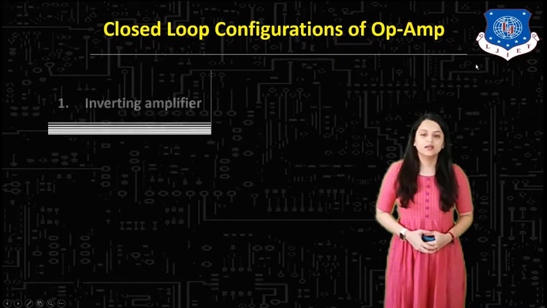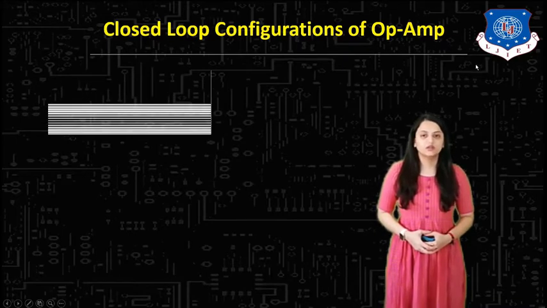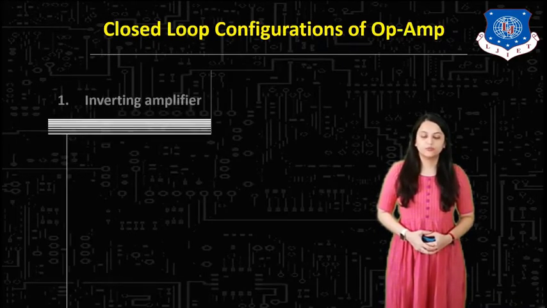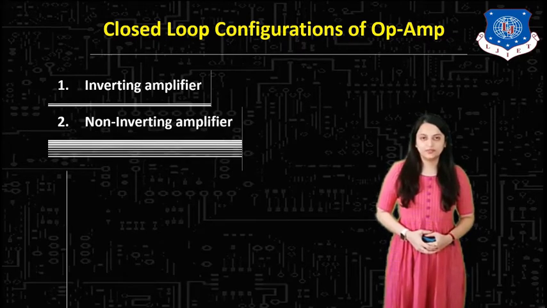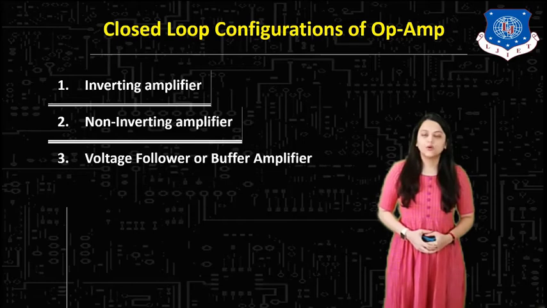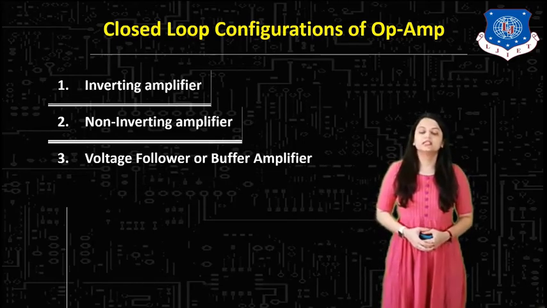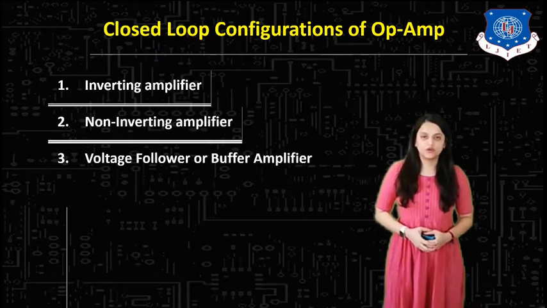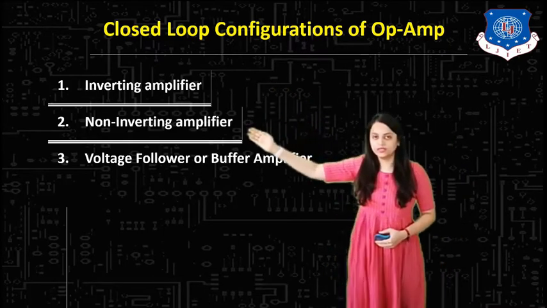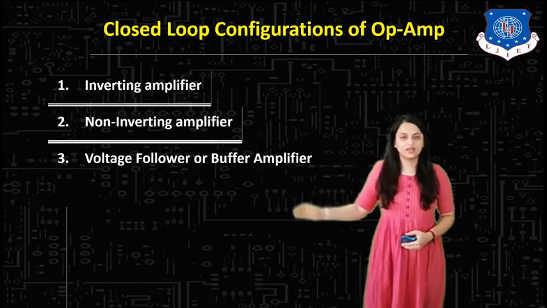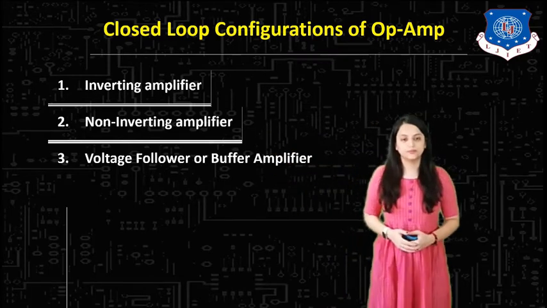There are basically three types: first is inverting amplifier, second is non-inverting amplifier, and the third one is voltage follower or buffer amplifier.